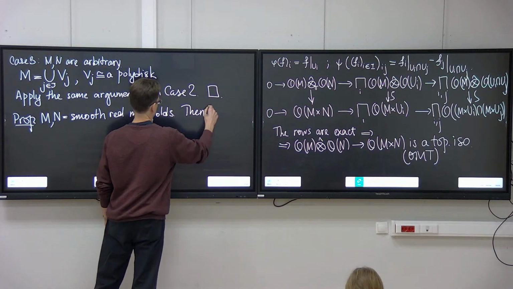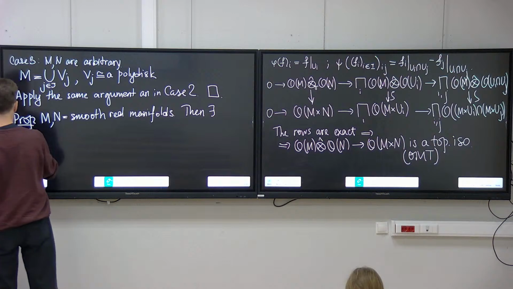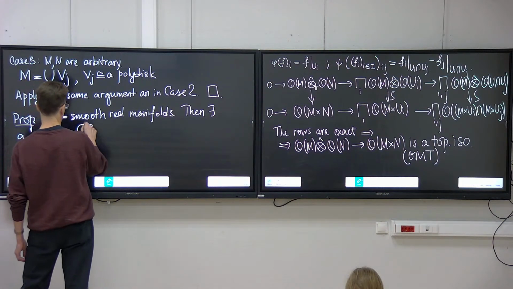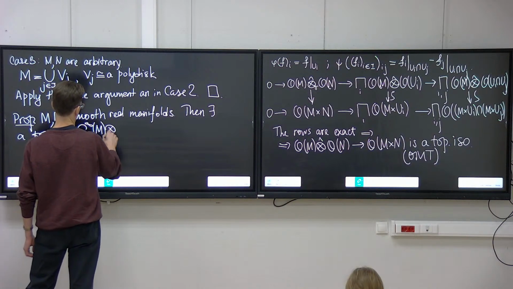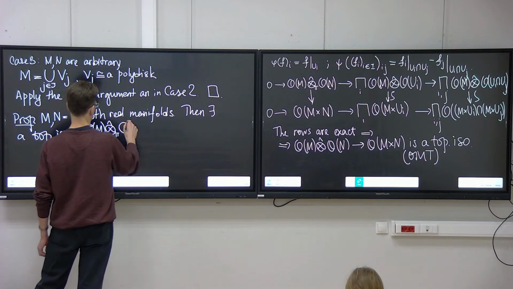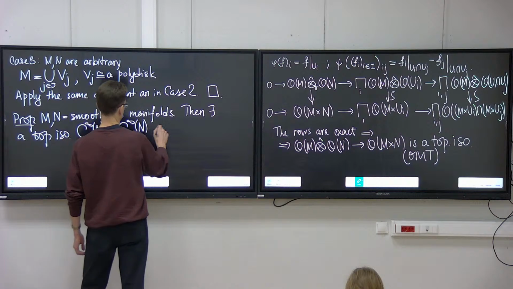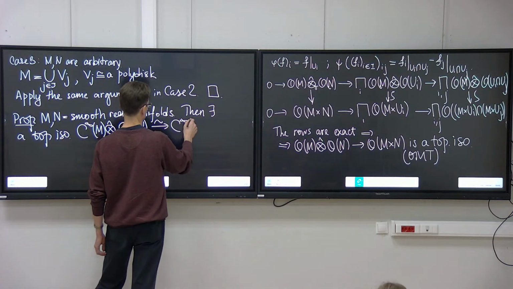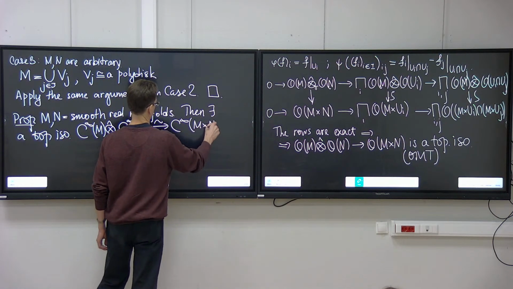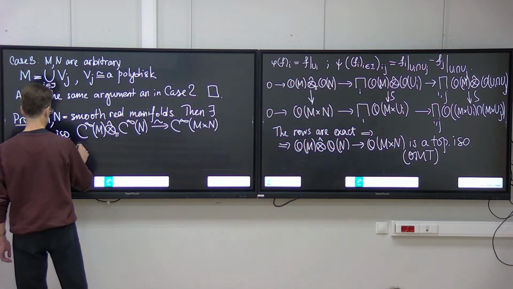Then there exists a topological isomorphism between the projective tensor product of the spaces of smooth functions on M and N, and the space of smooth functions on their product, given by the same formula.